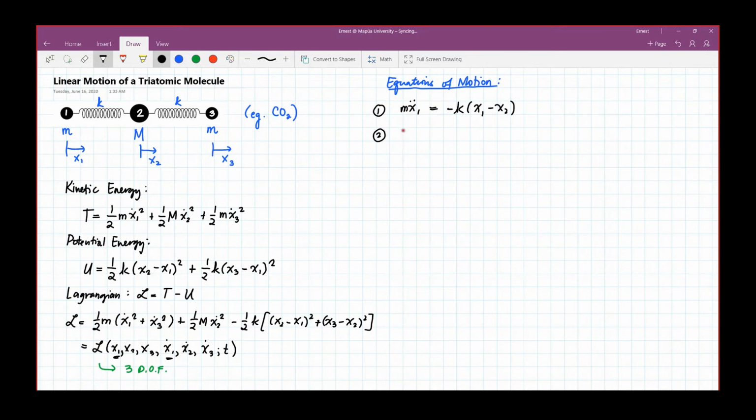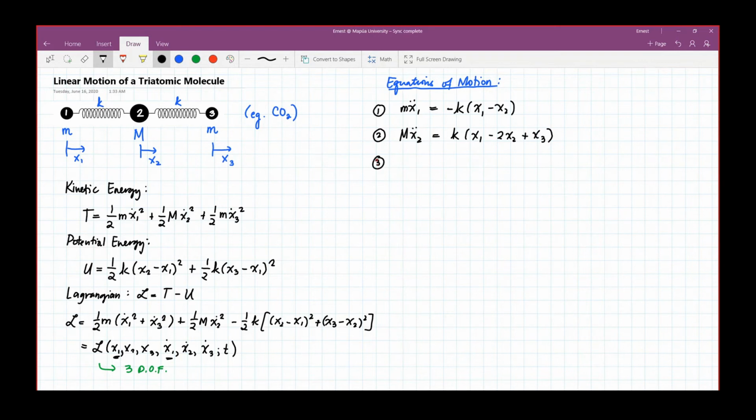The second equation is capital M x2 double dot equal to k times x1 minus 2 x2 plus x3.